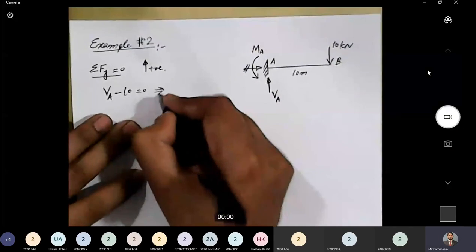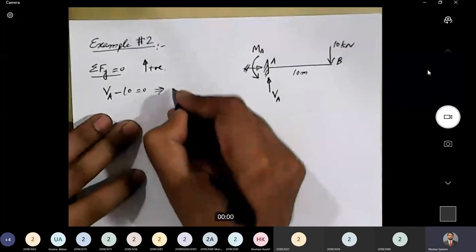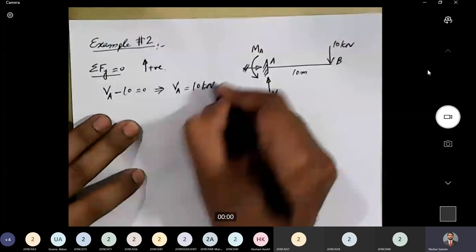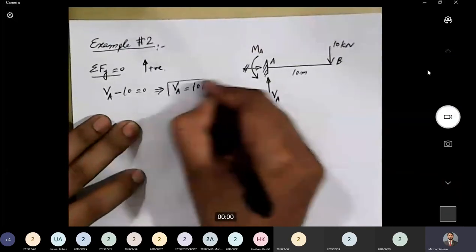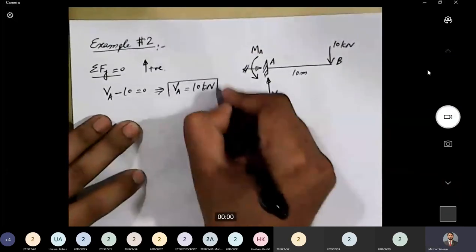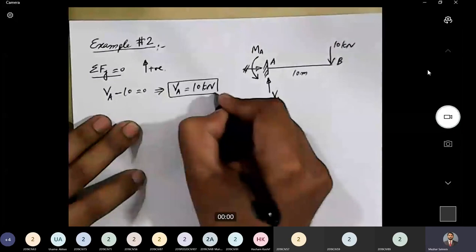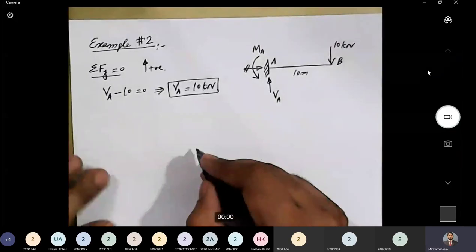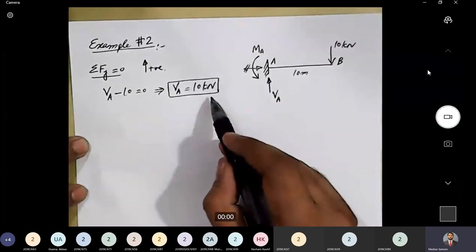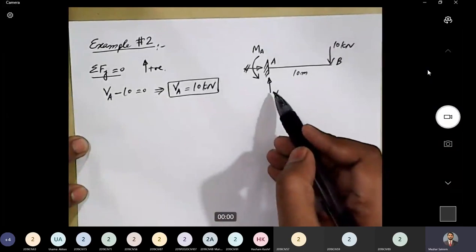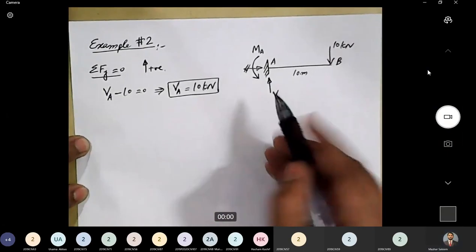So this gives us the value of reaction at point A, VA, equal to 10 kilonewton, and we have got a positive answer. It means the assumed direction of reaction is correct.